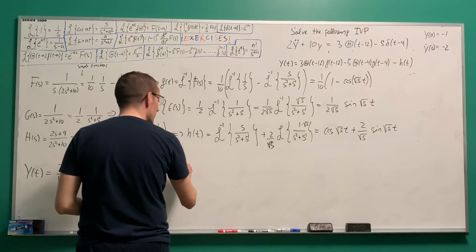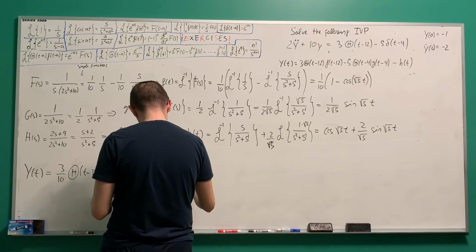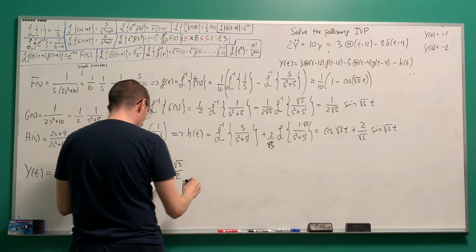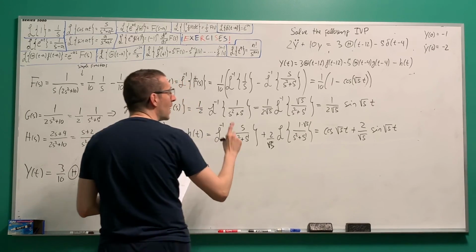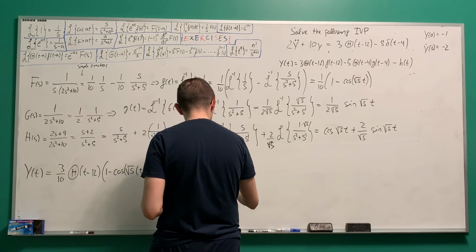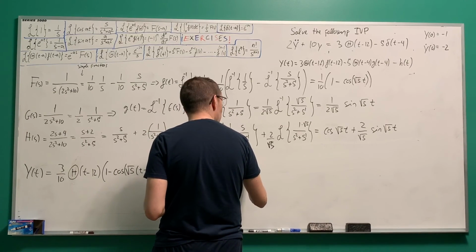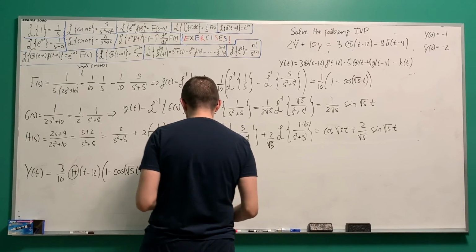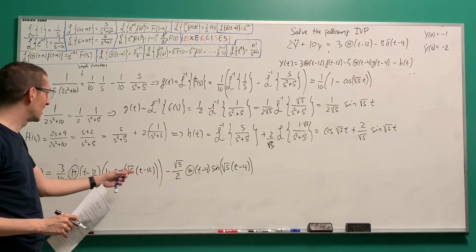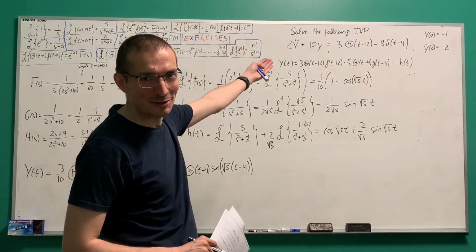So what we have here is root 5 divided by 2, minus root 5 divided by 2, then the Heaviside of t minus 4, and now the sine of root 5 times (t minus 4).